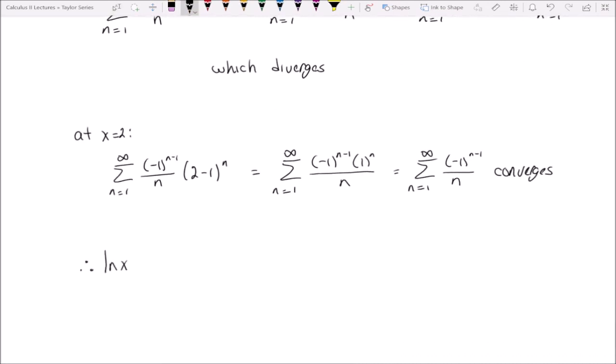Therefore, natural log of x is the series n equals 1 to infinity, negative 1 to the n minus 1 times x minus 1 to the n over n, and this is valid for 0 less than x less than or equal to 2.